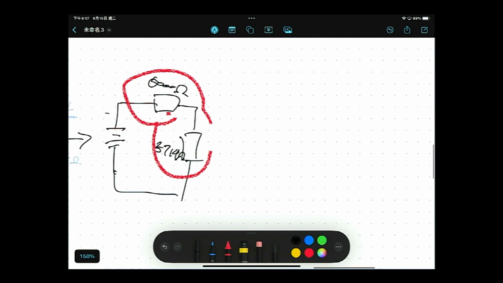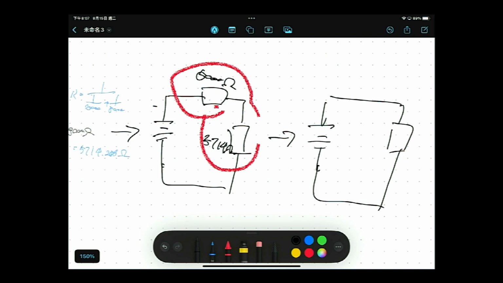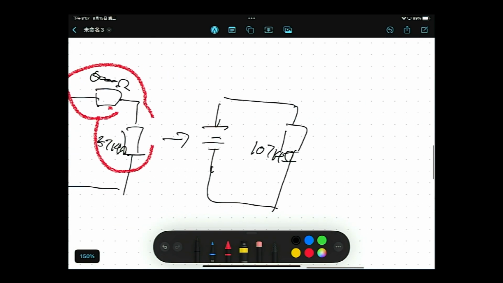You just add them up, right? So you know that the battery here, and the resistance will become 10714 ohm. And what is the voltage? Voltage is 250 volts, right? So what is I?